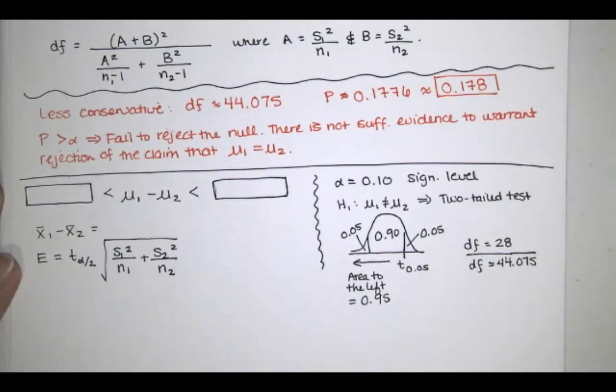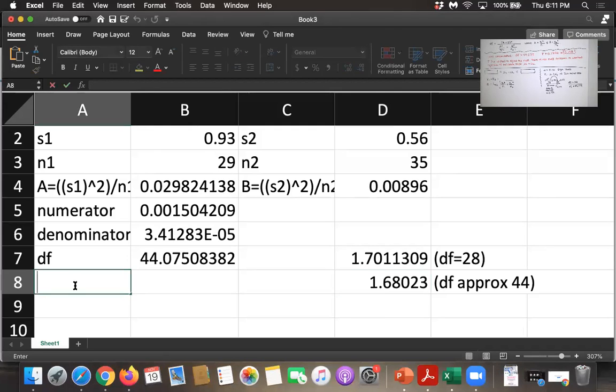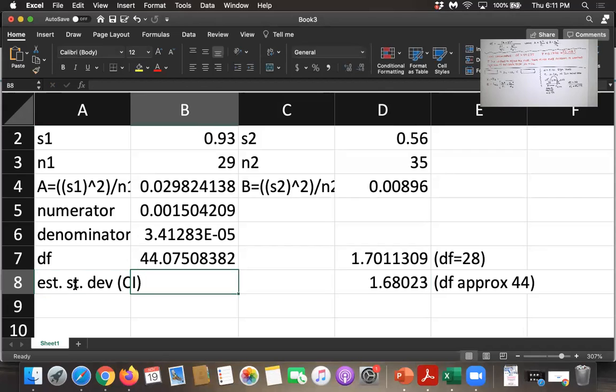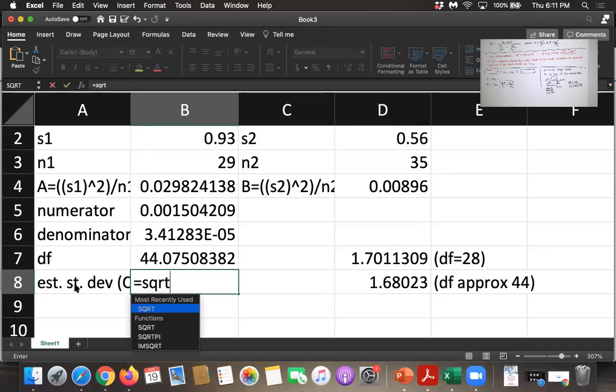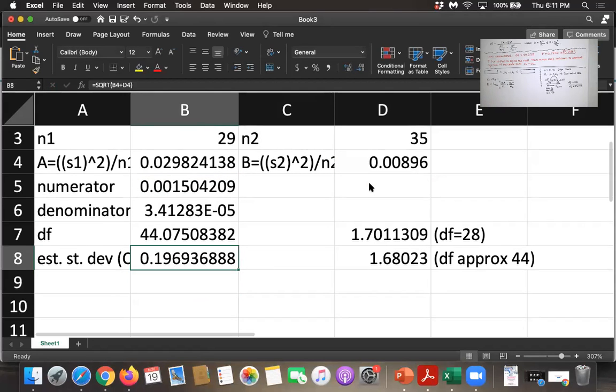So let's go back to Excel. The estimated standard deviation for our confidence interval is the square root of A plus B, close parentheses, and we get approximately that value.